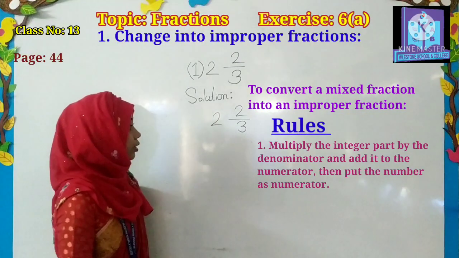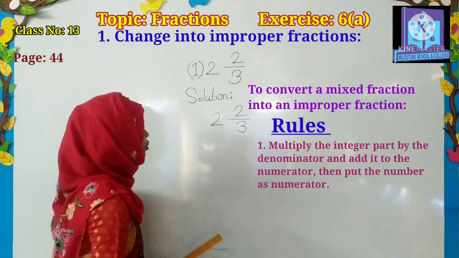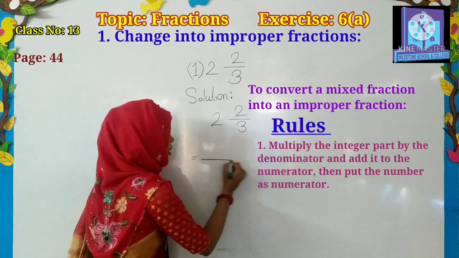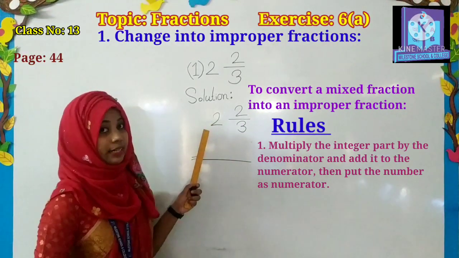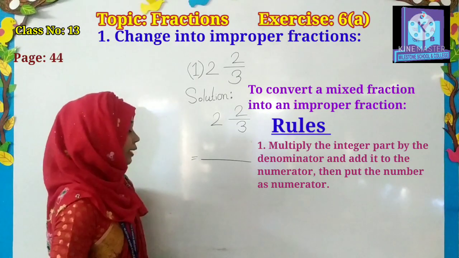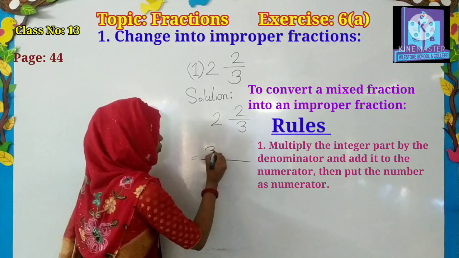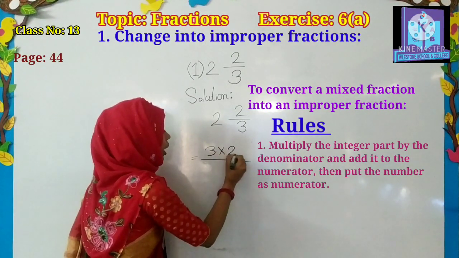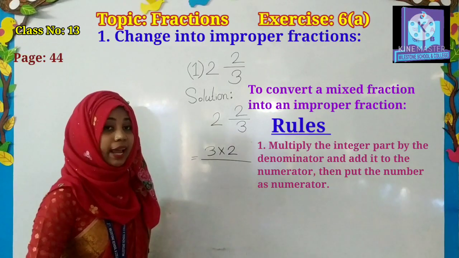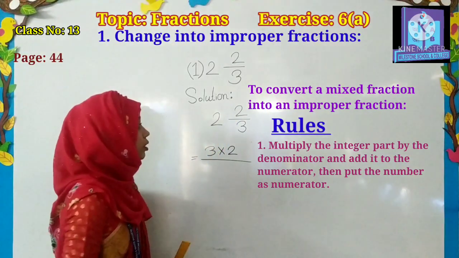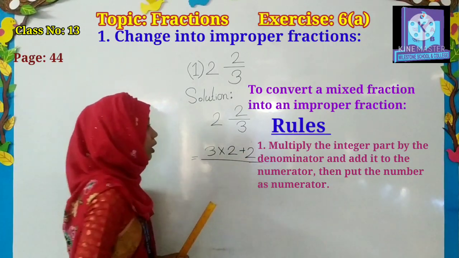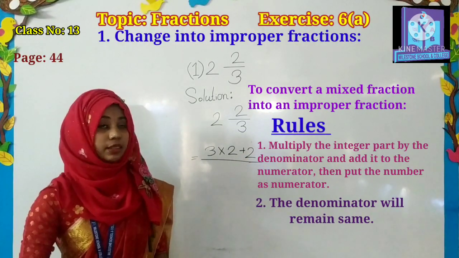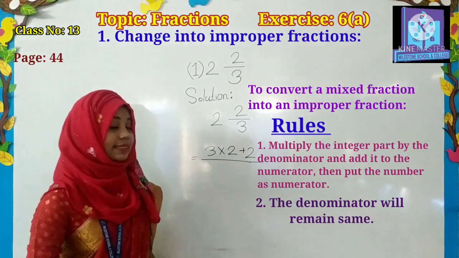Now we will calculate here. So 3 is our denominator and 2 is our whole number or integer. So we will multiply this. 3 into 2 and we will add numerator plus 2. Rules number 2. The denominator will remain same.